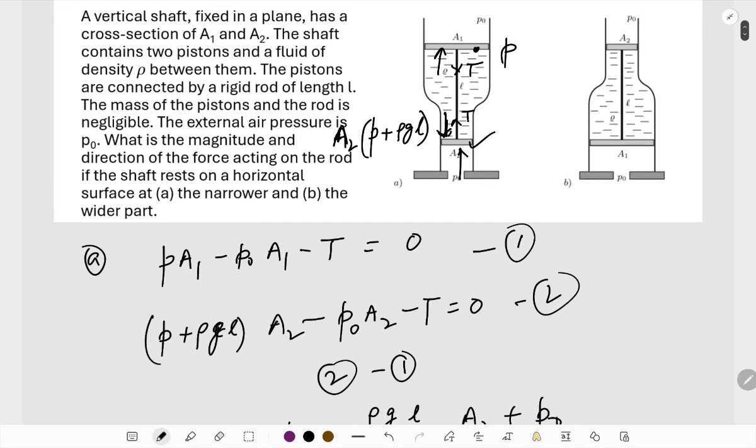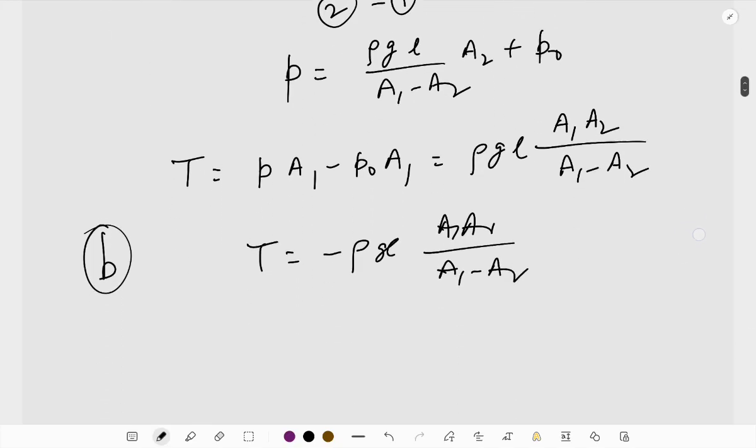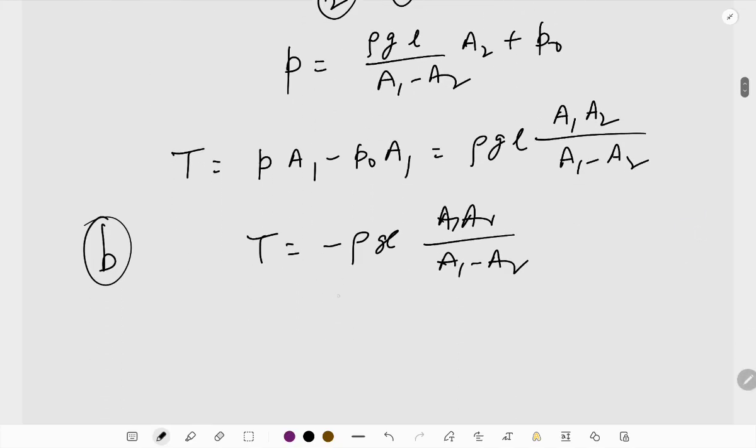So A1 is greater than A2. That means this thing is negative. And since tension is negative here, and this is not a string, this was a rod, the negative tension means that actually a compressive force is acting on the rod.